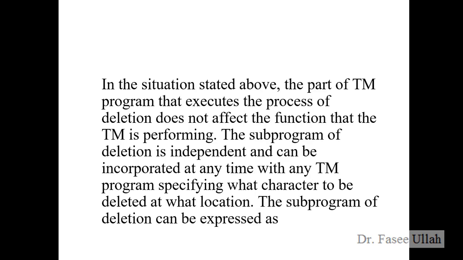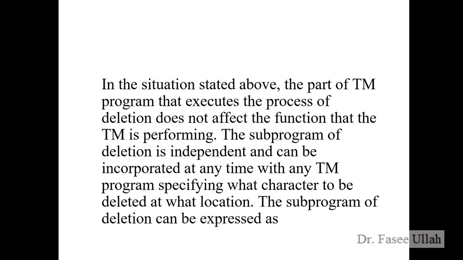Okay. The part of the Turing machine program that executes the process of deletion does not affect the functionality of the whole Turing machine. The deletion subprogram is independent and can be incorporated at any time into any Turing machine program, specifying what character is to be deleted at what location.